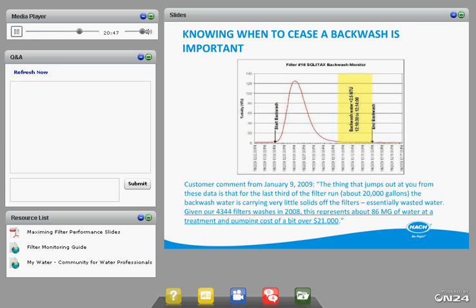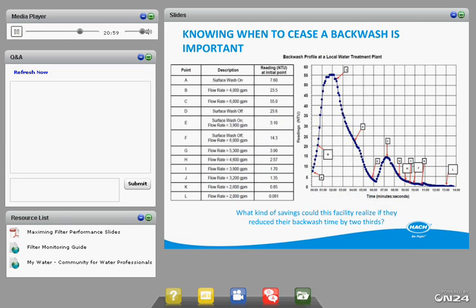And this is a good example of where a common paradigm or common way of thinking within our industry, better safe than sorry, sometimes gets us into trouble. Looking at a data set from a different facility, we can see that the same issue exists.